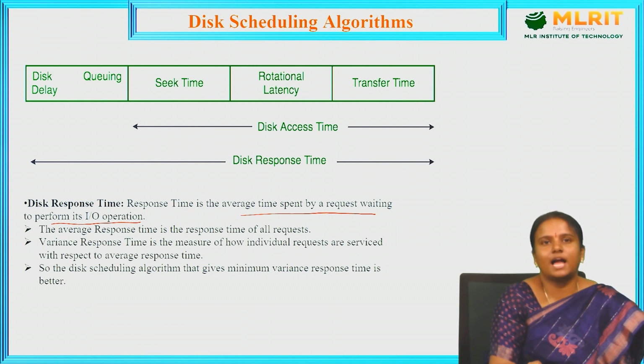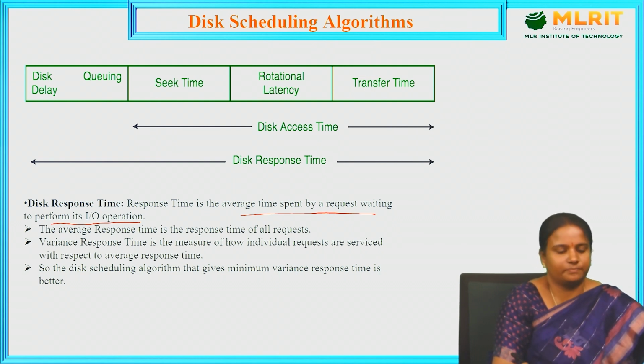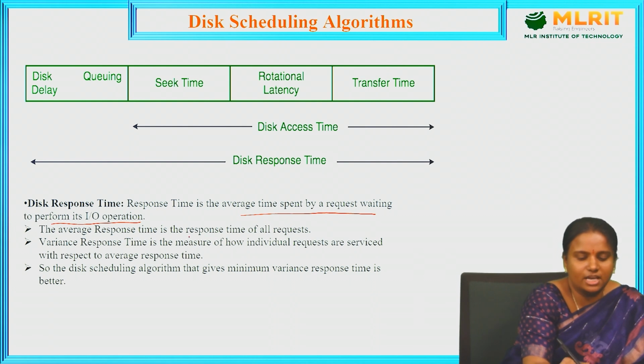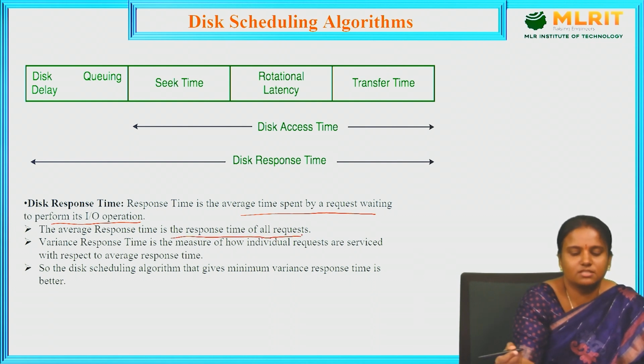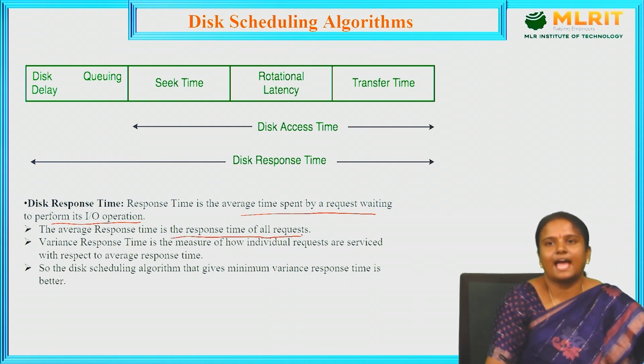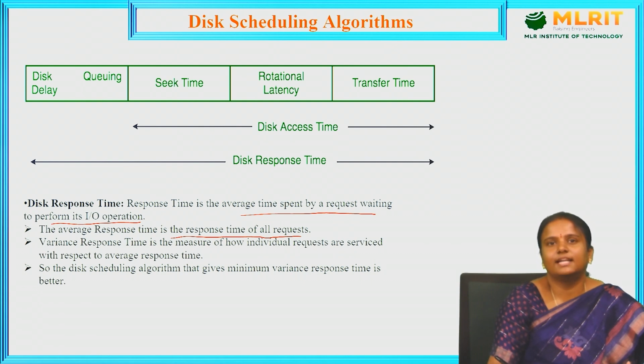So you need to calculate based on the input-output operation how much waiting time the request spent, and calculate its average. The average response time is the response of all the requesters.